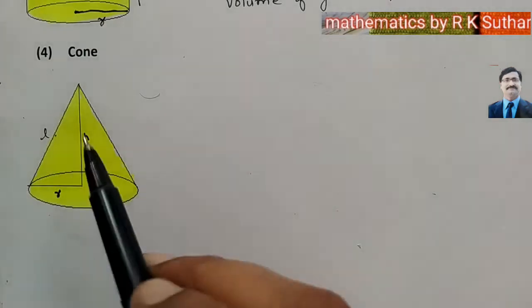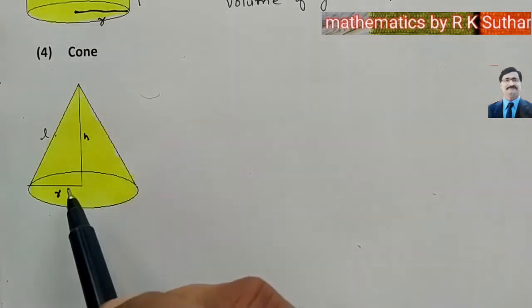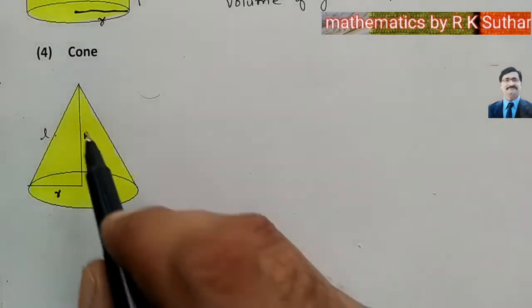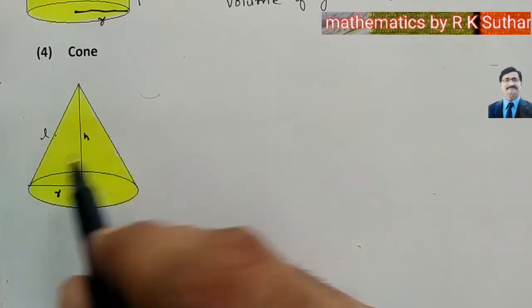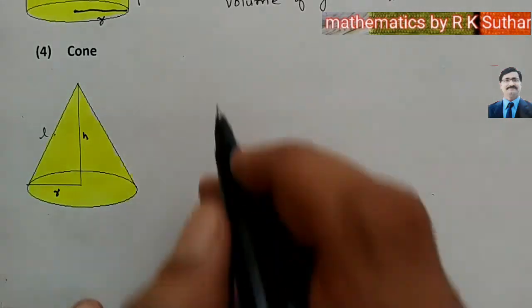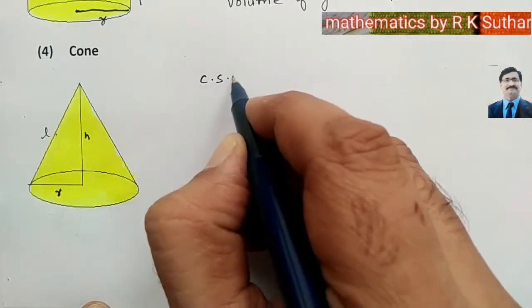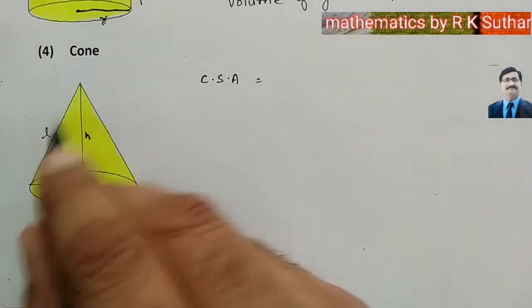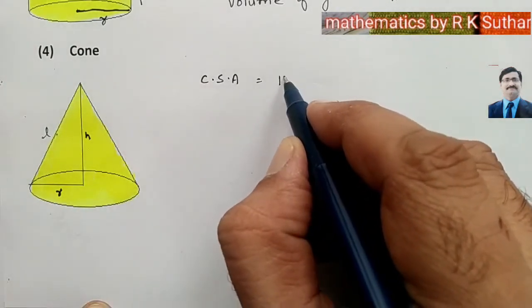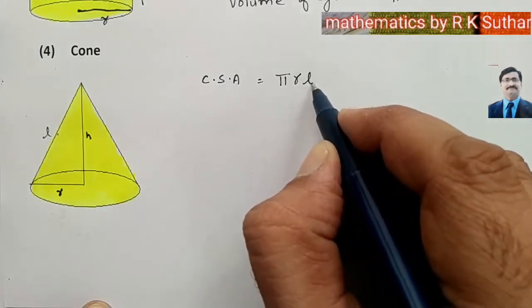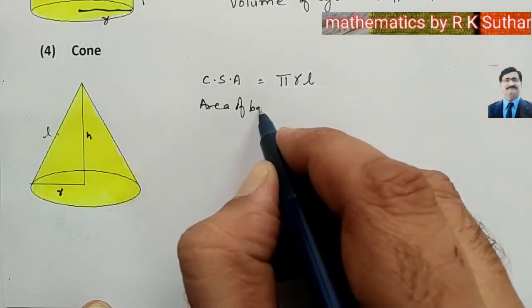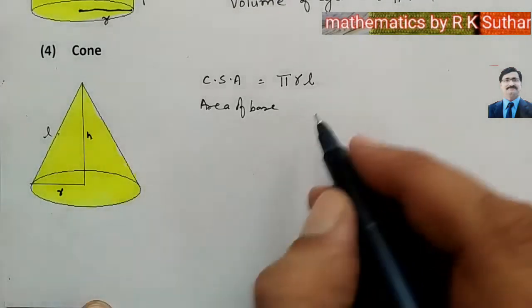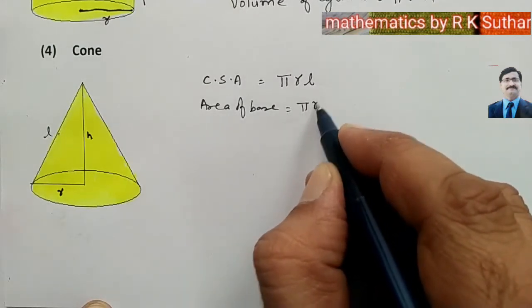Look here students, this is a cone, and here the main important parts are the radius, the height, and this is called the slant height. Here we have to find the curved surface area. Curved surface area means the curved part only, we have to find its area. This formula is pi r l. Okay, and area of base: the base is like a circle, so we have the same formula as a circle, pi r square.